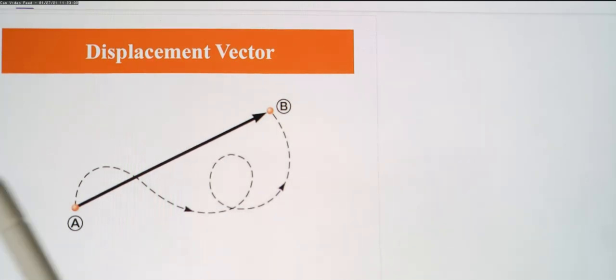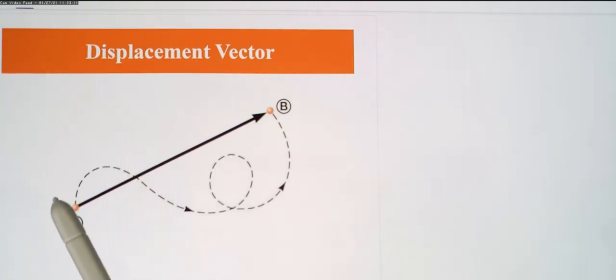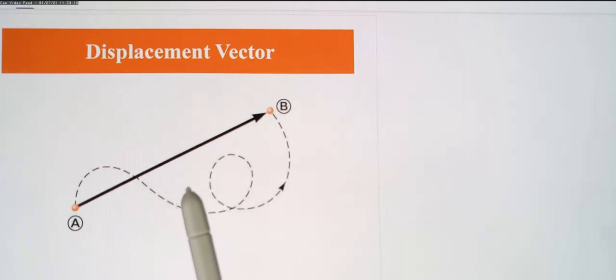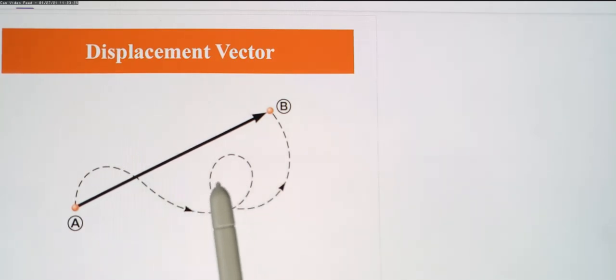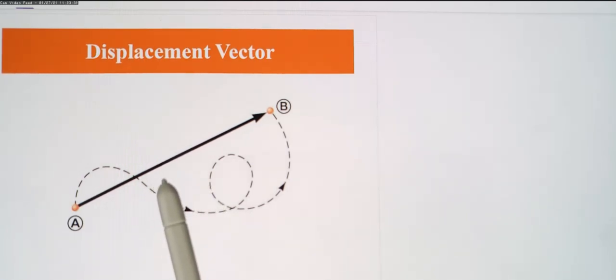So here, an object is moving in an arbitrary path. However, no matter what the path is, no matter what distance he is traveling, the displacement from the first point is the vector.